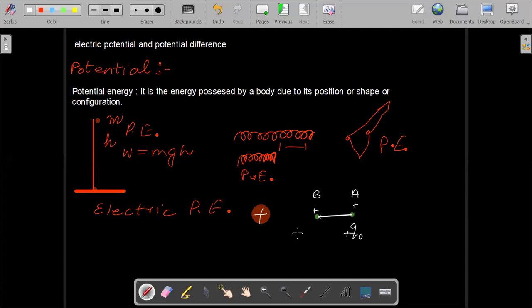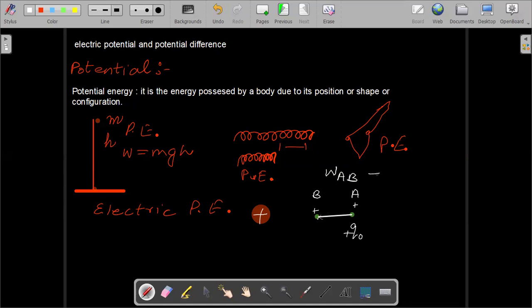Do you think we need some force to move the charge from point A to point B? Yes, sir. If we are moving the charge from A to B, I am doing some work. I write it as work done from A to B. This is the work done by me from A to B.